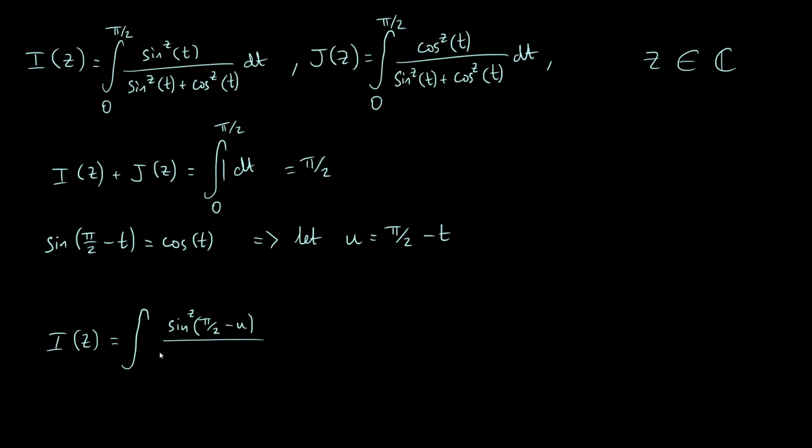And on the bottom, again, it's going to be something very similar: sine to the z of pi over 2 minus u plus cos to the z of pi over 2 minus u. We have to change our dt into a du, right? And because there's a minus sign in front of this t, du is going to be minus dt, or equivalently, dt is going to be minus du. So instead of dt, I'm going to write minus du, because of this minus sign here.